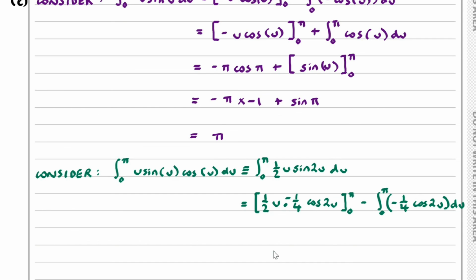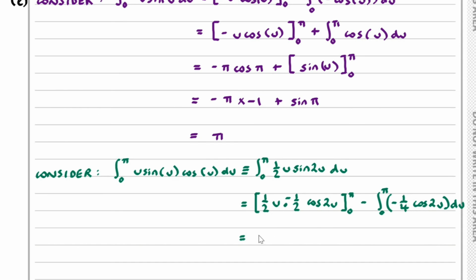So I have here minus, this result here is 1/2. And the reason it's 1/2 is because I'm integrating sine 2u, and I've already got the half there. So what we can now do is find out the value of this.